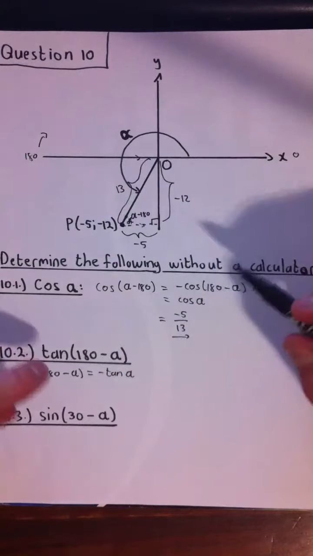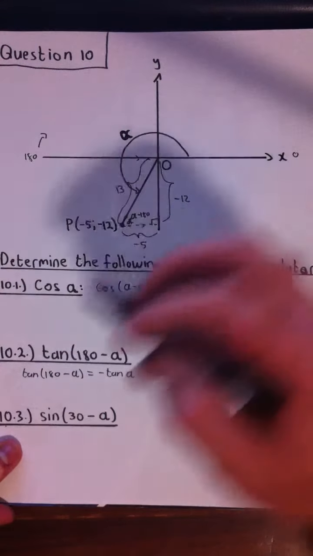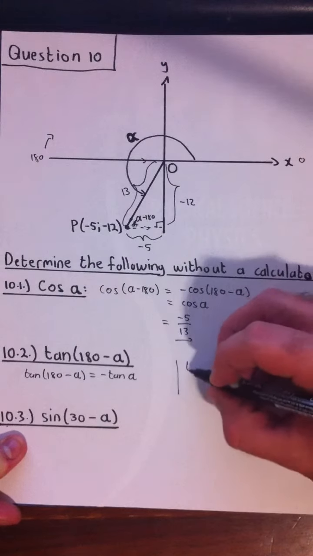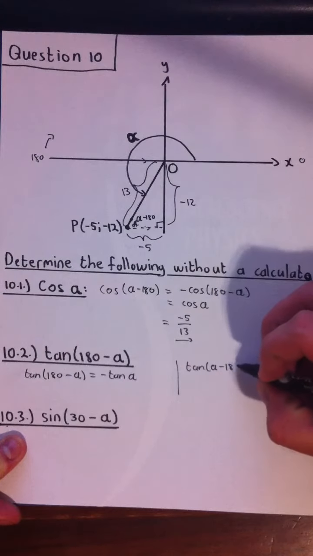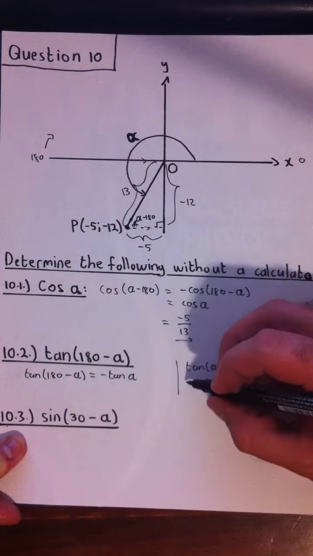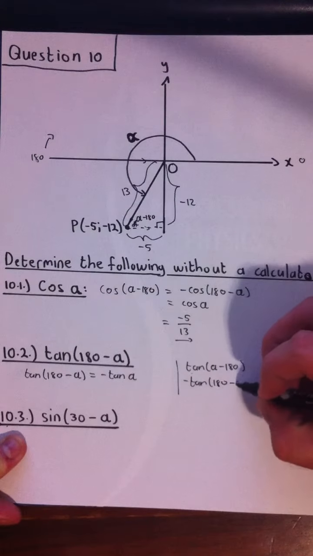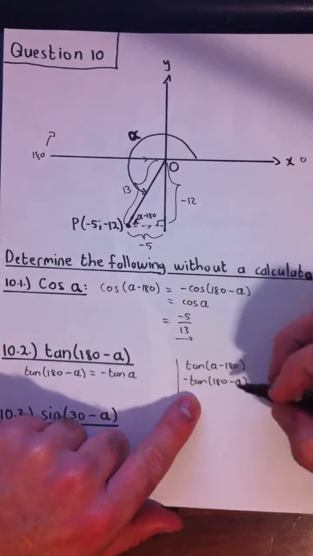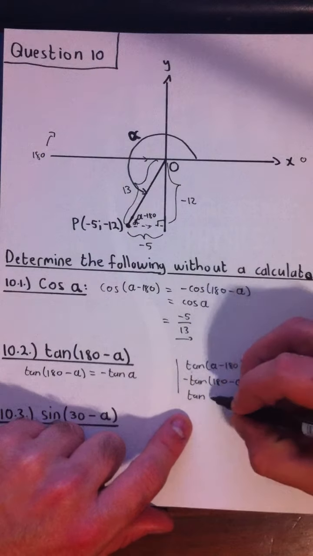Okay, and now let's look at how tan alpha relates to tan of alpha minus 180. Over here we've got tan of alpha minus 180. Again, factor out the negative, that gives us negative tan of 180 minus alpha. And again, tan of 180 minus alpha is negative, so it becomes negative tan alpha, which is positive tan alpha.